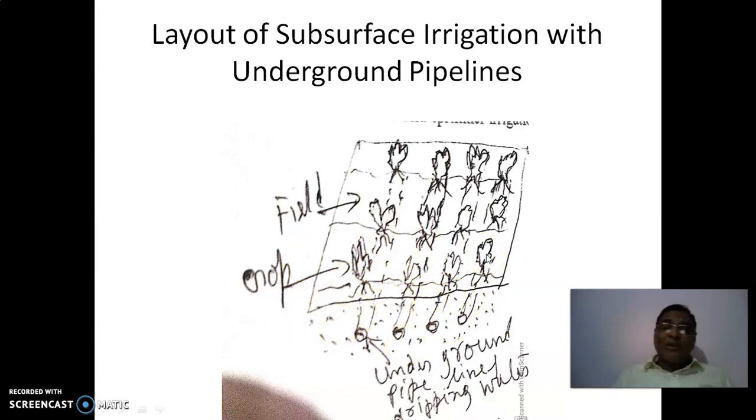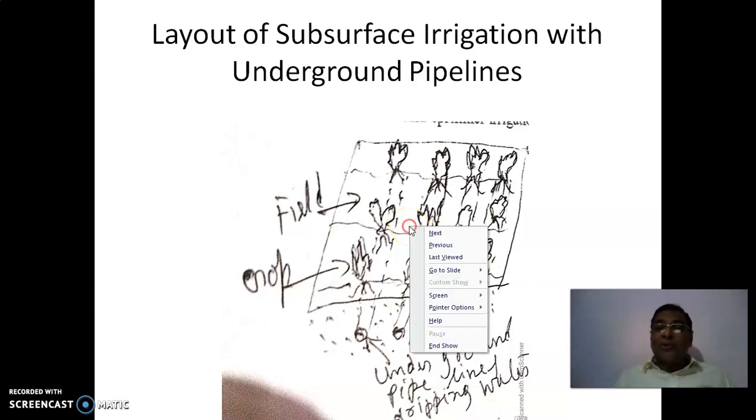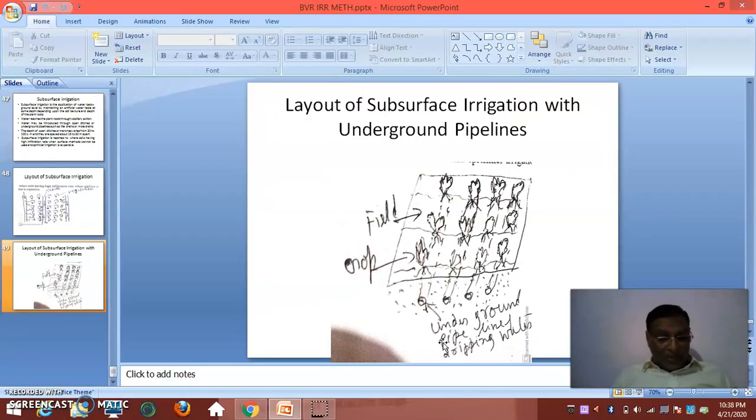Now we have completed almost all the methods of surface and subsurface irrigation. If you go to the original classification, you can see many of these methods are completed now, except sprinkler and drip.